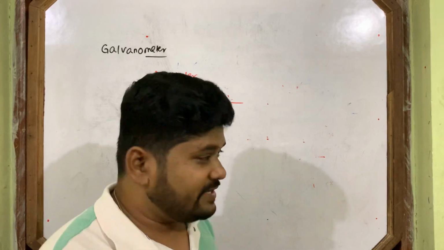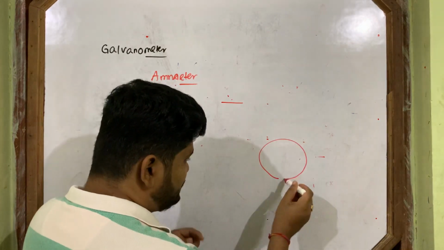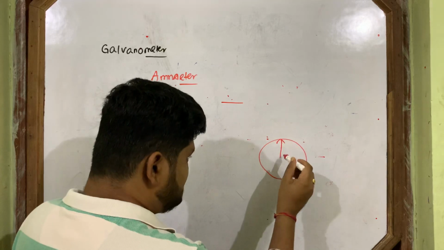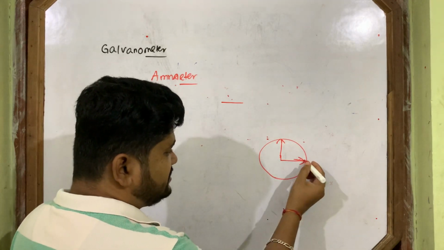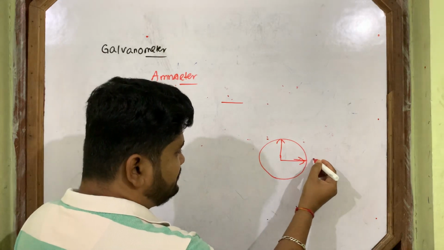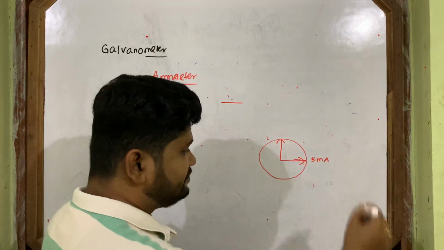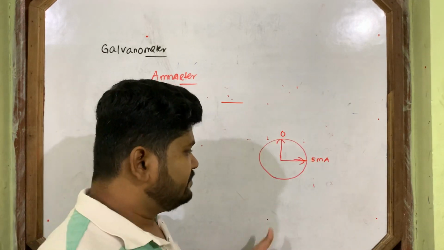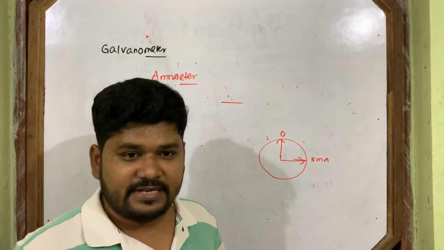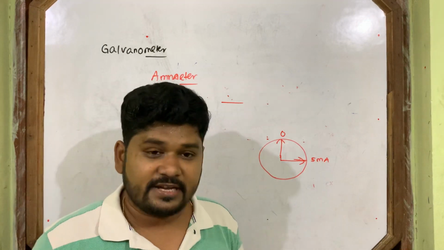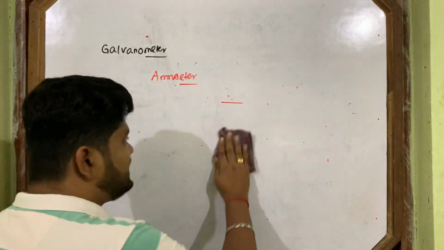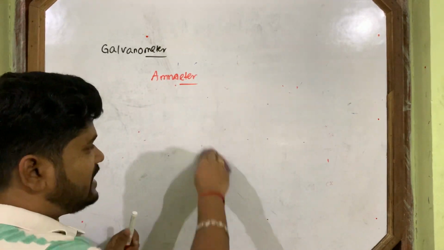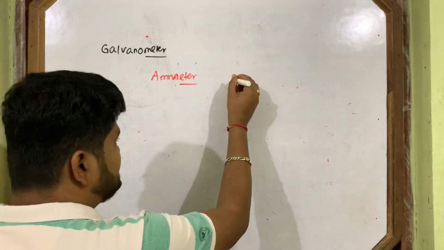If this is your galvanometer, range means this: this is the last point, you can go up to this. Suppose I tell you 5 milliampere, and this is 0, then its range is 5 milliampere. Range means the maximum current which the device can measure. Okay, so the galvanometer range: suppose I am taking one galvanometer, its range is Ig.